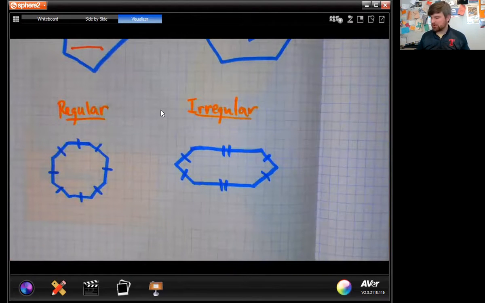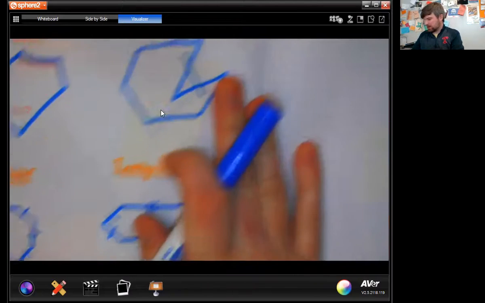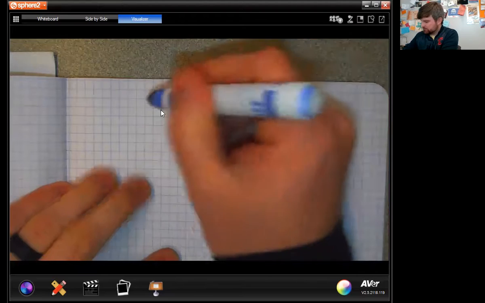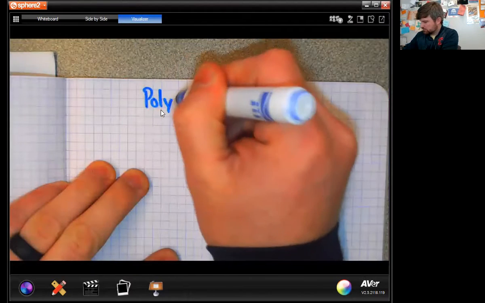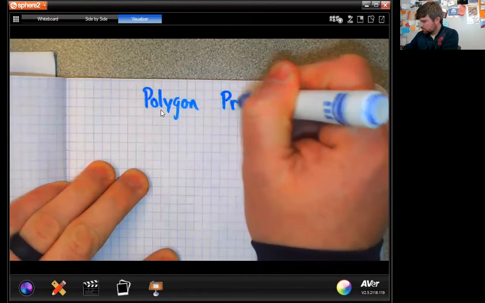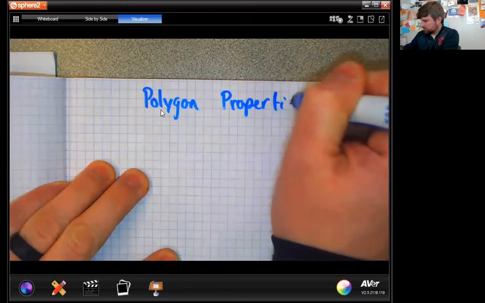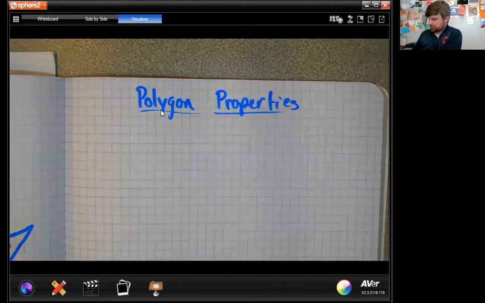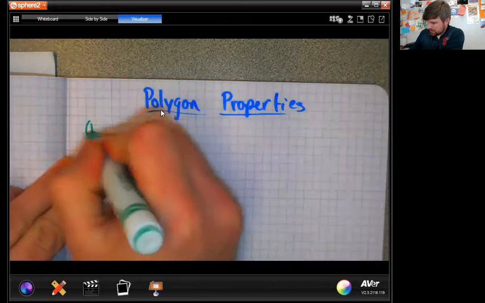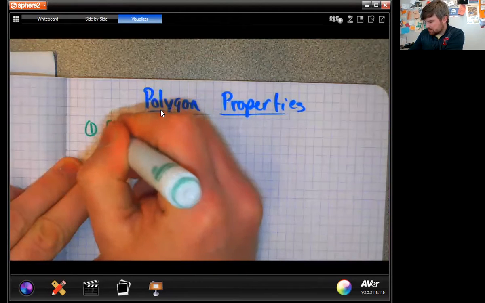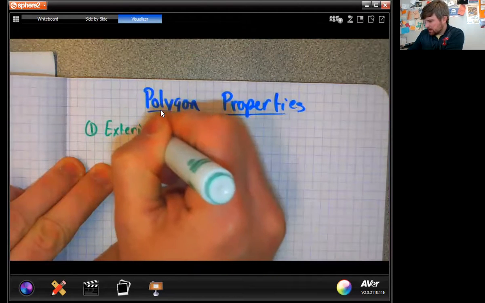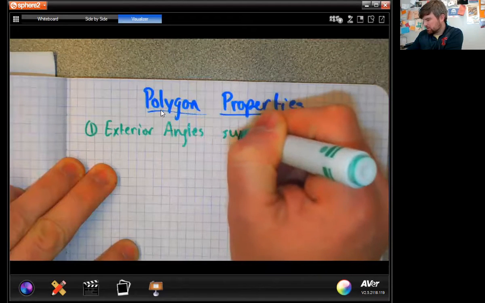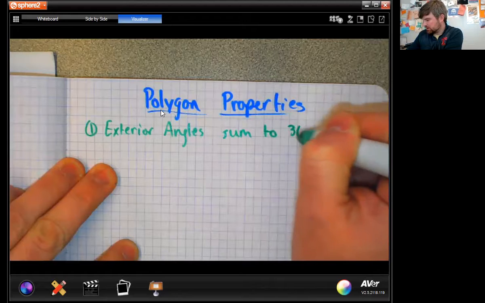Okay, so there are some properties that you need to know for polygons. We're going to do that on page 105. So, polygon properties. Property number 1 is that exterior angles sum to 360 degrees.